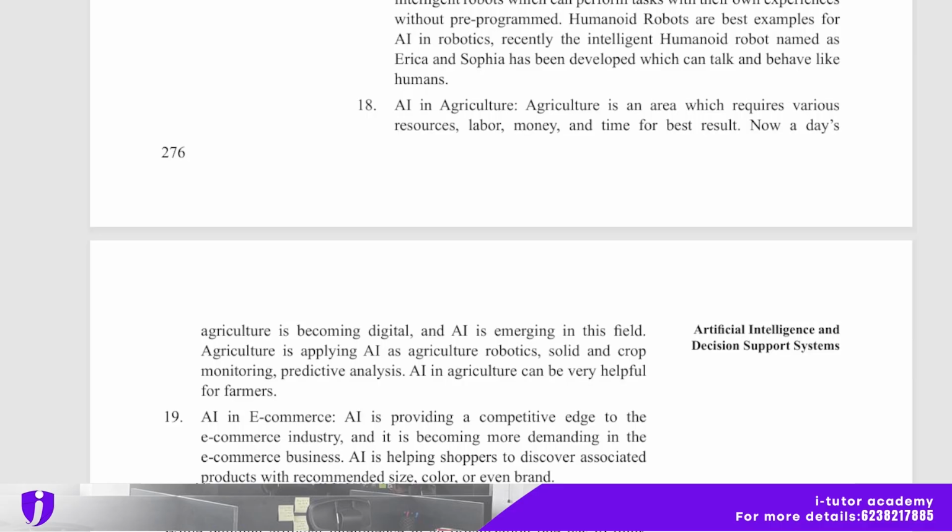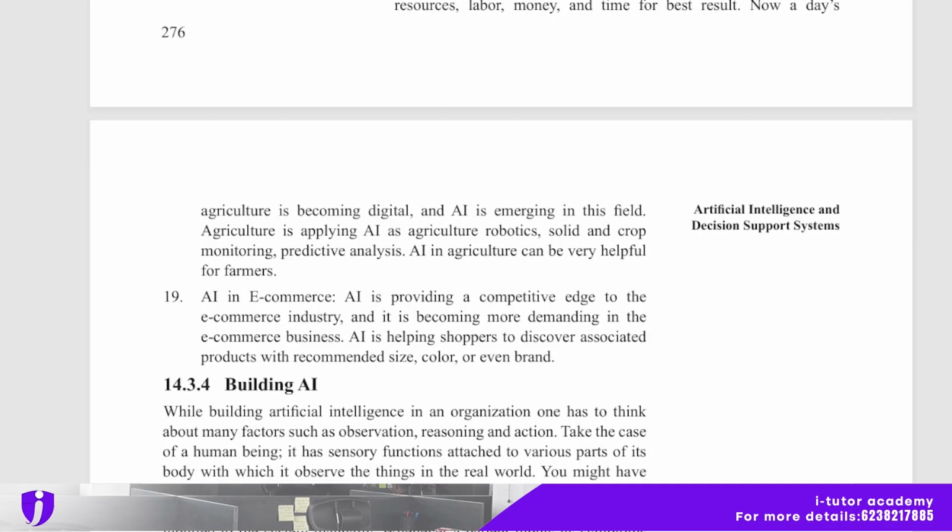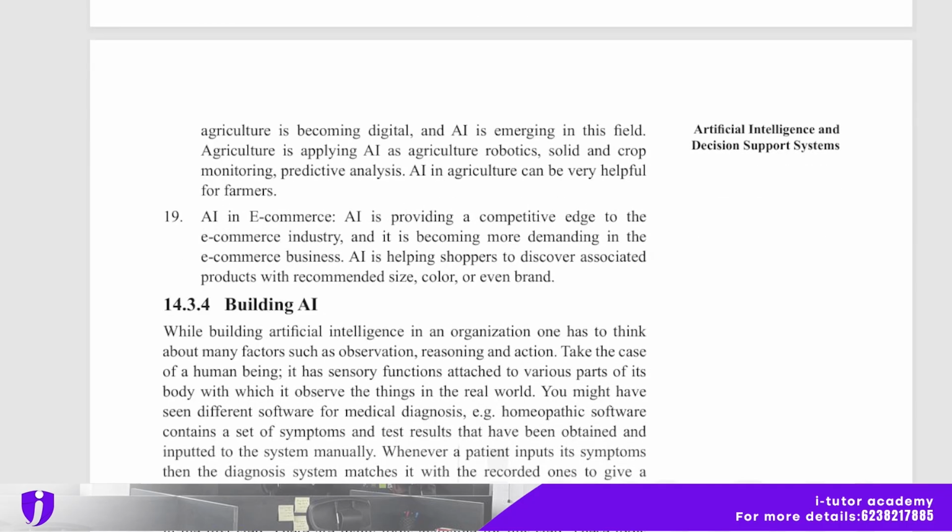While building artificial intelligence in an organization, one has to think about many factors such as observation, reasoning, and action. Take the case of a human being. It has sensory functions attached to various parts of its body with which it observes things in the real world.